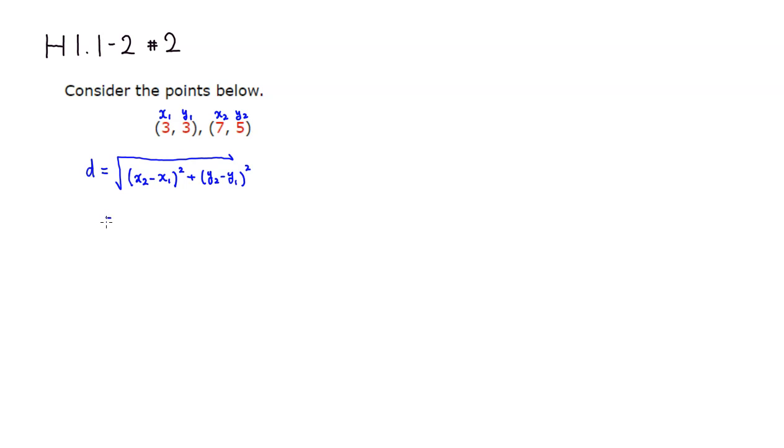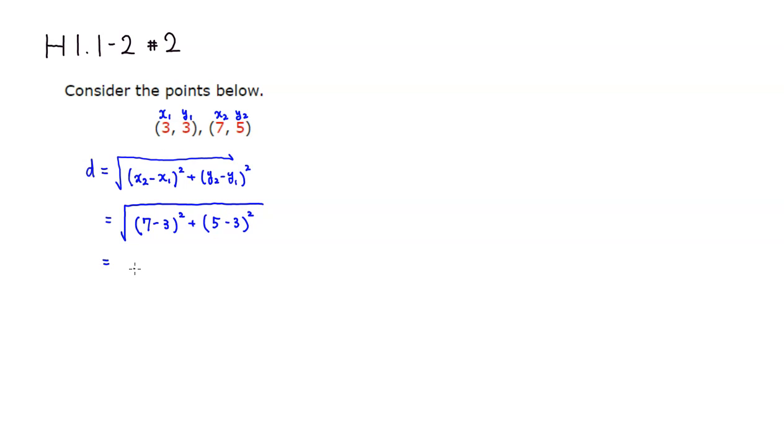Going through this distance formula, we have the square root of x2, which is 7, minus x1, which is 3, squared, and y2, which is 5, minus y1, which is 3, squared.